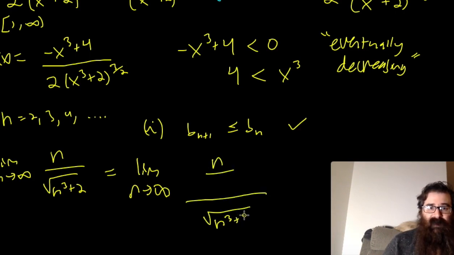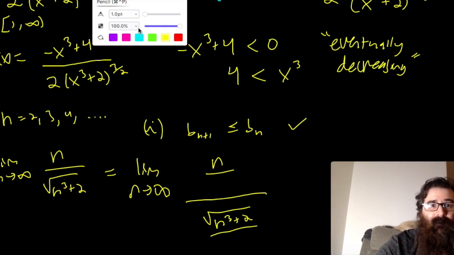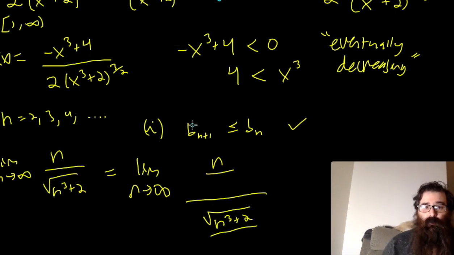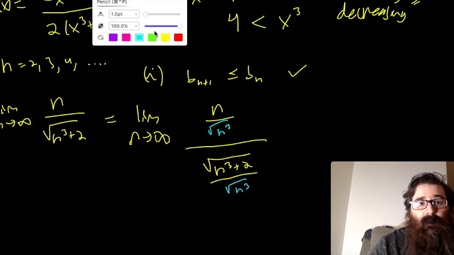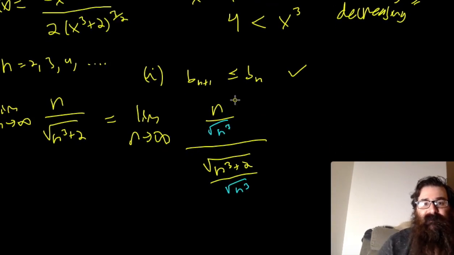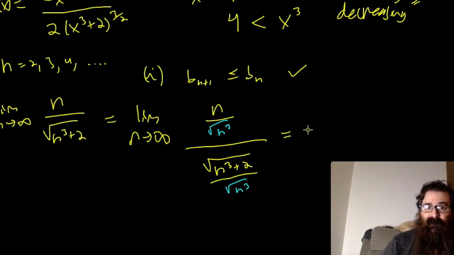Instead of writing it as n to the 3 halves power, I would say, okay, let me give a little fraction bar here. Think about dividing everything by the square root of n cubed. So divide the bottom by square root of n cubed, divide the top by square root of n cubed, and then go from there. Now in the numerator, it certainly is safe to rewrite this as some fractional exponent that might even be preferable.